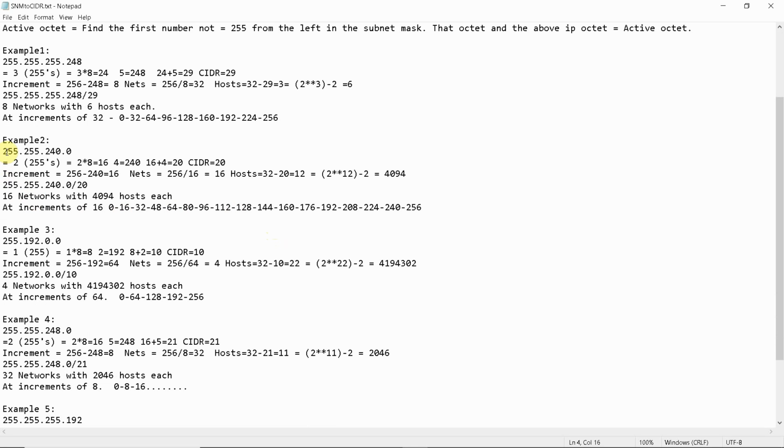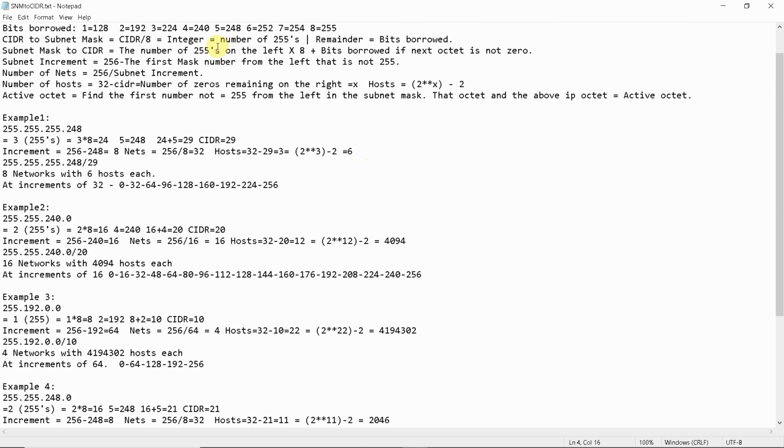Here's another example. We've got 8, and 8 is 16, and what is 240? You can come back up here. That's 4. So that's going to be 20, a /20 network. Using all the rest of the formulas that I showed you from the previous example, you can take all of this information and get everything else you need as far as the nets.